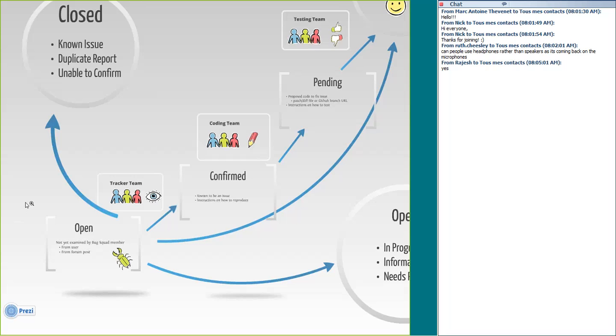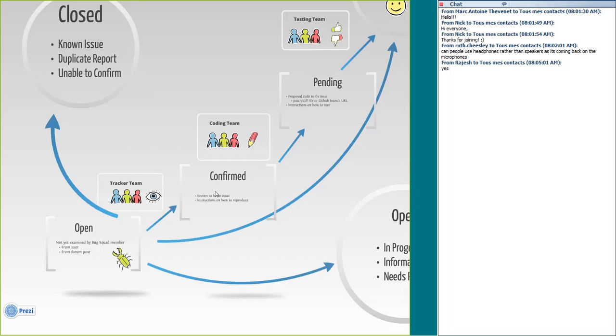So the first team we talked about is the tracker team, and these are the people who are responsible for monitoring the open issues and deciding if they're real issues or not, if they're duplicates or if there's some other reason why they're not a real issue, and then where it makes sense, changing the status from open to confirmed.